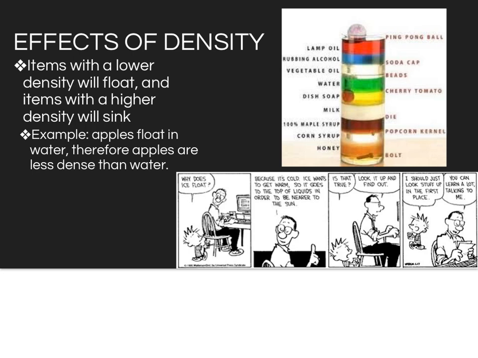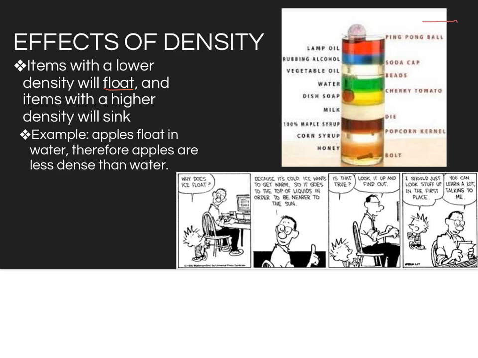So when we talk about density, we also can talk about the effects of density, and this is something that generally you guys probably already know, but things that have a lower density than whatever they're sitting with are going to float, and things that have a higher density will actually tend to sink. So there's a really cool experiment that can be done, not really an experiment, I guess a demo.